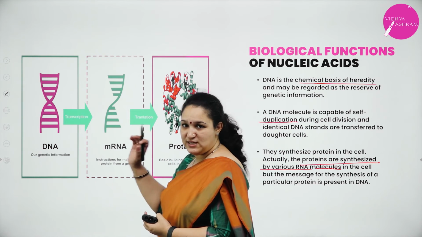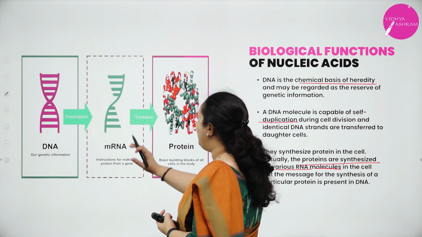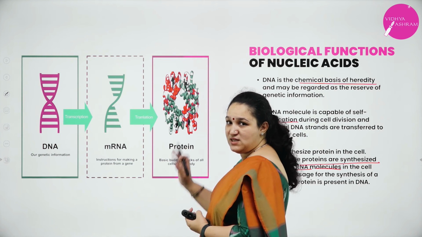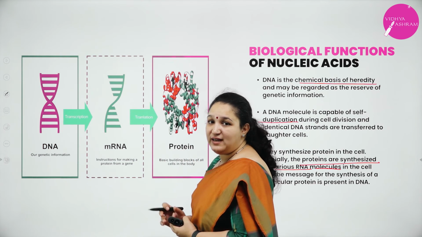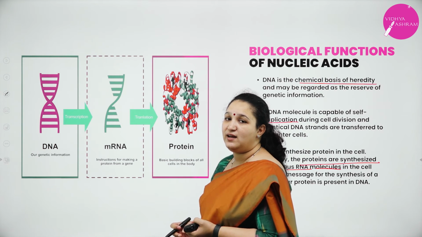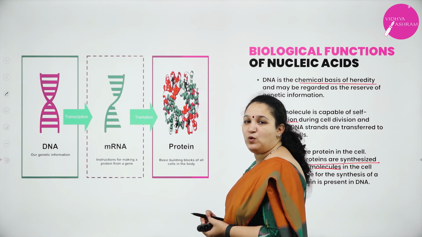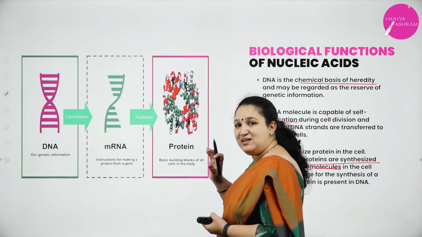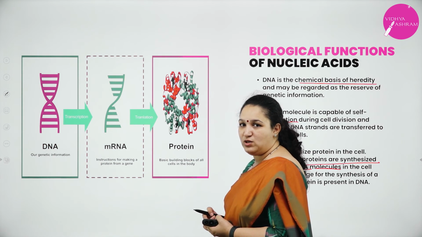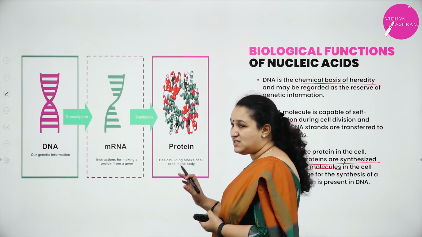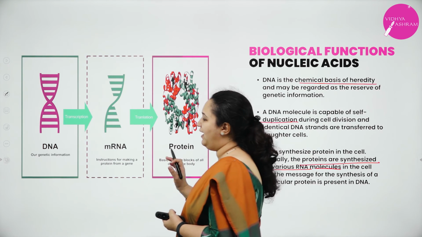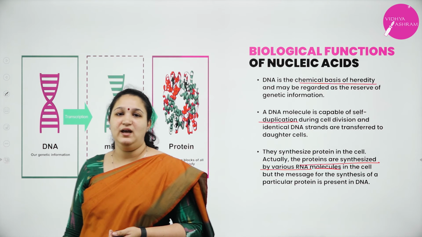We call that process transcription, and mRNA to protein synthesis is called translation, where rRNA and tRNA come into the picture during protein synthesis. So the protein is synthesized by RNA molecules, but the message for that is again present in DNA itself.